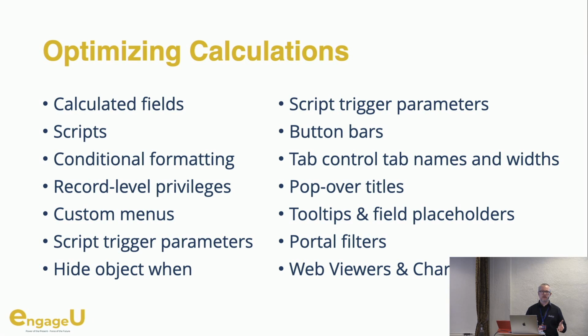Originally, we only had calculation fields back in FileMaker Pro 1, 2, the old versions. Then we got scripts, then we got conditional formatting, record level privileges, custom menus, and with every new major upgrade of FileMaker, we are getting more places where we can use calculations. And although it takes us some time to pick up and start using it, it is beneficial from the feature and possibilities point of view.